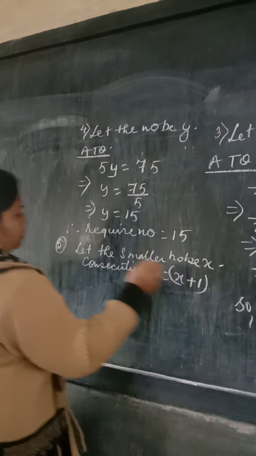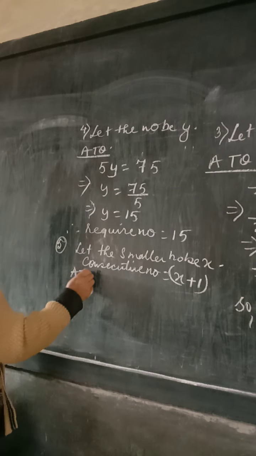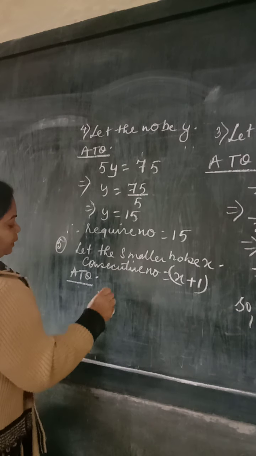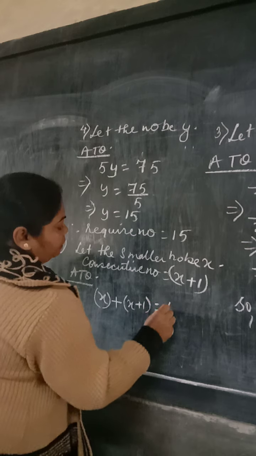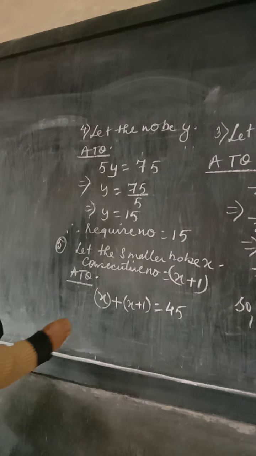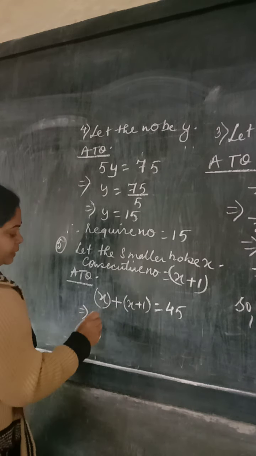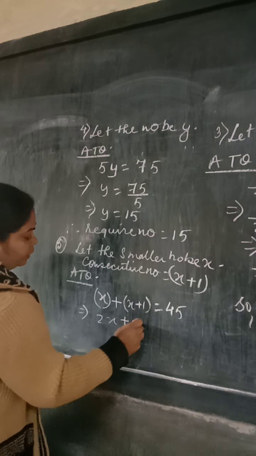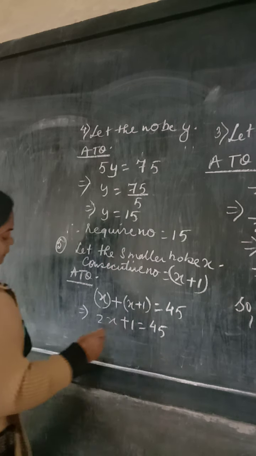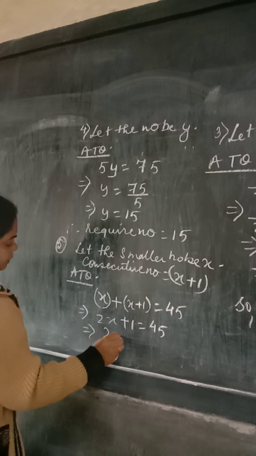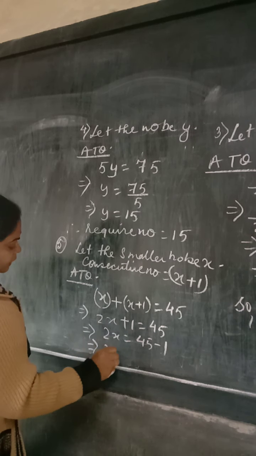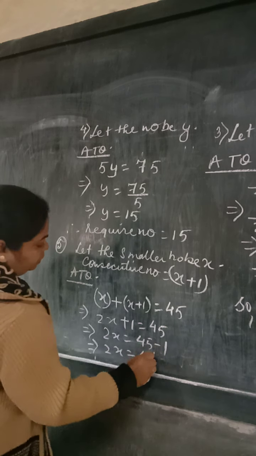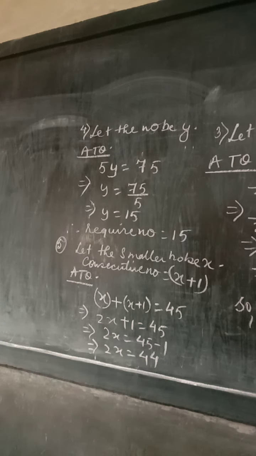According to the question, the sum of these two numbers, x plus x plus 1, is equal to 45. Now we have to solve it. x plus x, 2x plus 1 is 45, or 2x is equal to 45 minus 1, 2x is equal to 44.